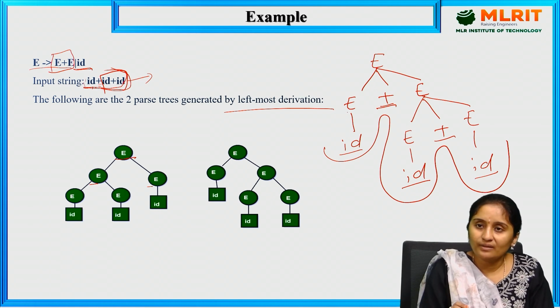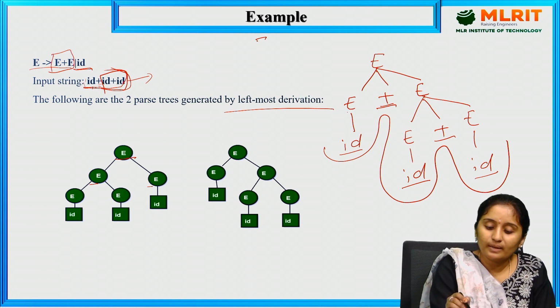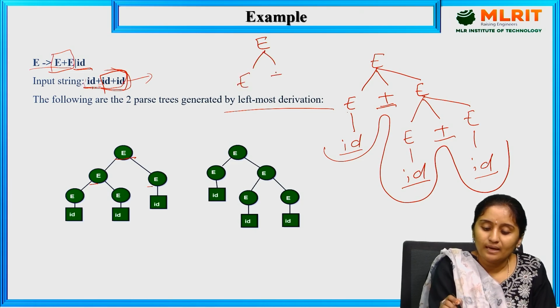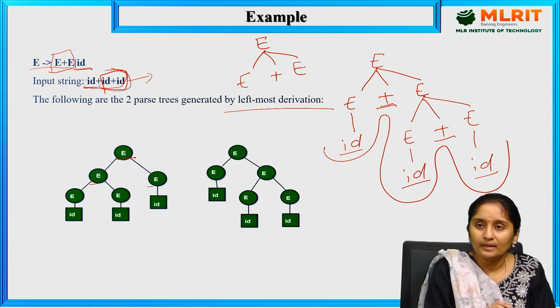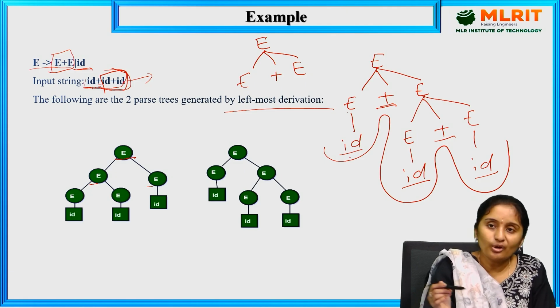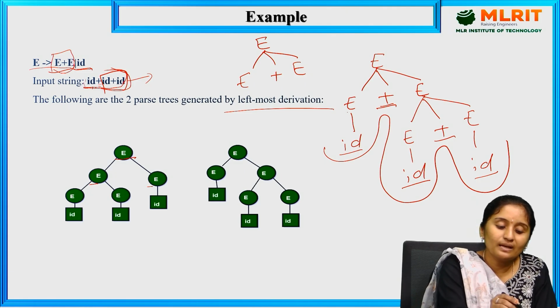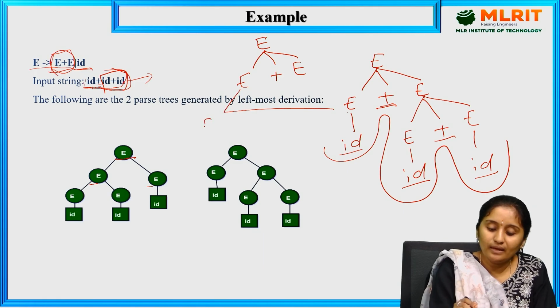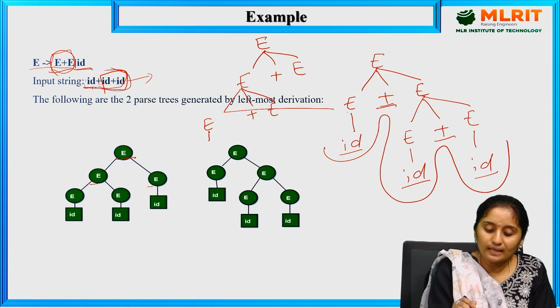So let me generate one more parse tree. E produces E plus E. The first time I replaced this E with ID, but this time I am going to replace it with E plus E itself. So E I can replace with ID plus ID plus ID.